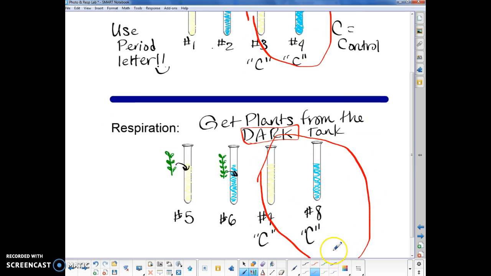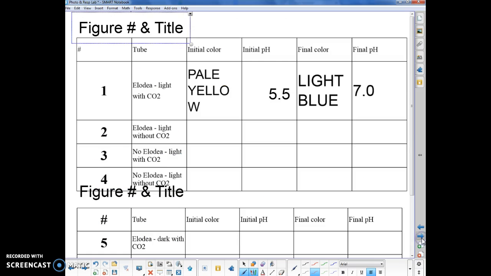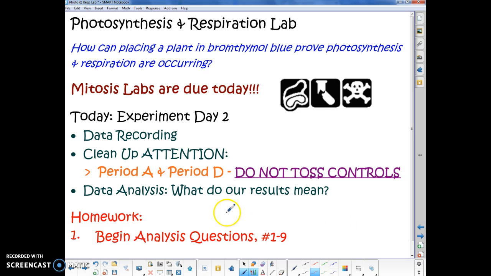And that is because periods B and E need the controls. At the very end of the day, period E may go ahead and discard any controls that are still present in the room or in the test tube racks.